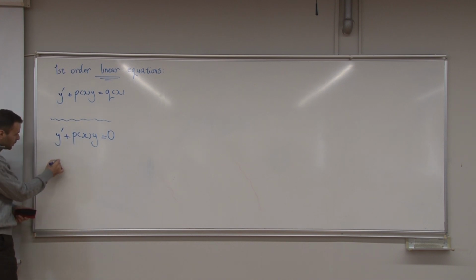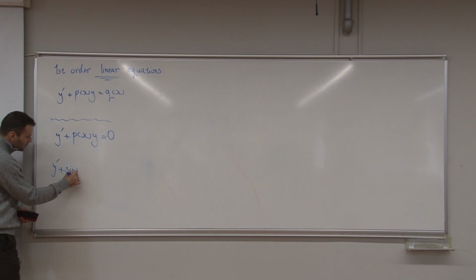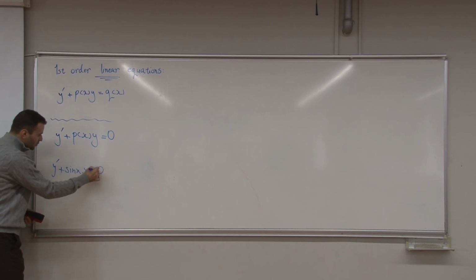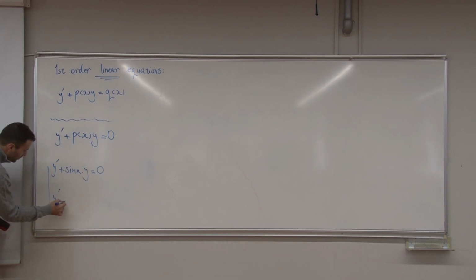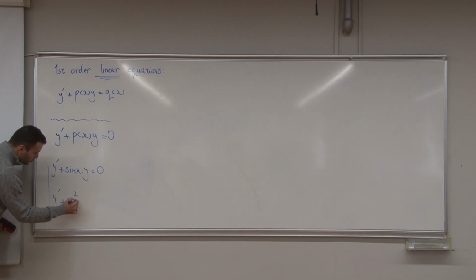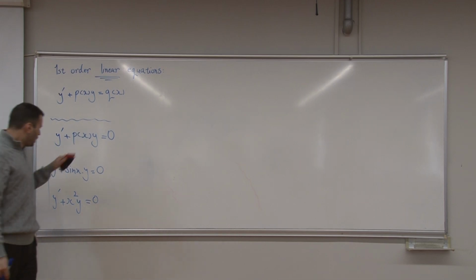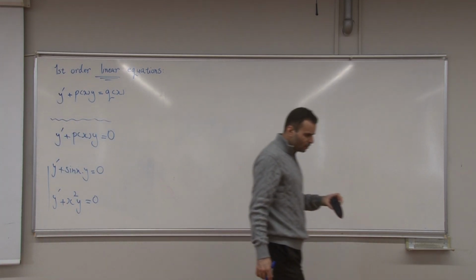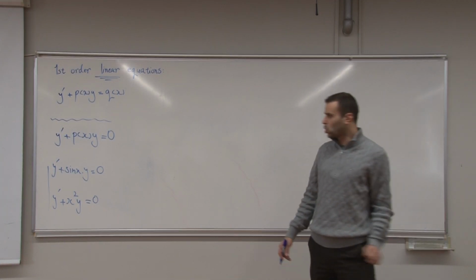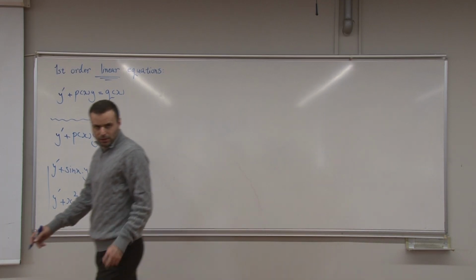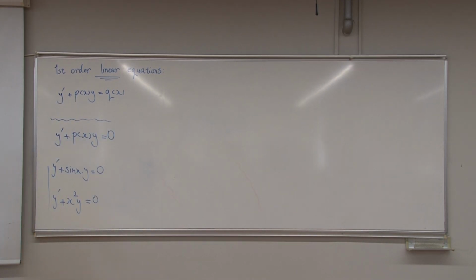For instance, y prime plus sine of x times y equal to 0. y prime plus x to the power of 2 y equal to 0. These are all like this, right? How can we solve this homogeneous first order linear differential equation?